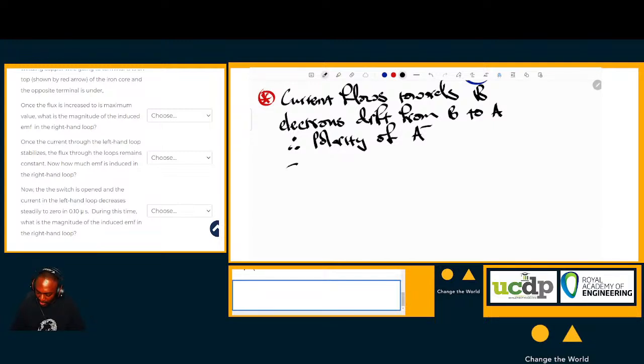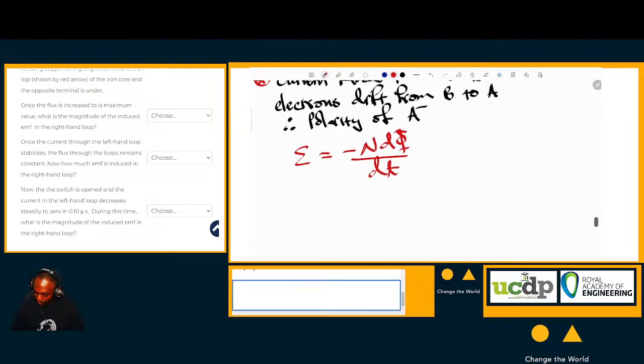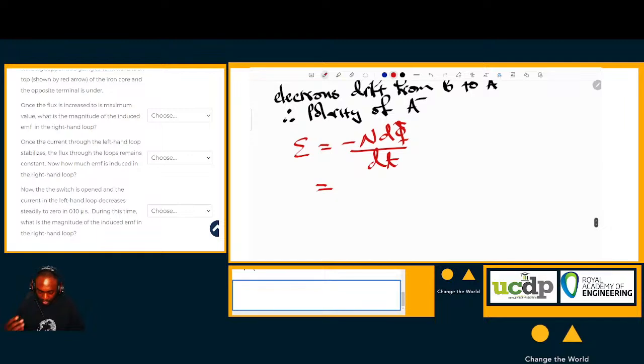And remember, EMF induced is equal to negative N change in flux phi over dt. We're being asked to find the magnitude, so we can ignore the negative.